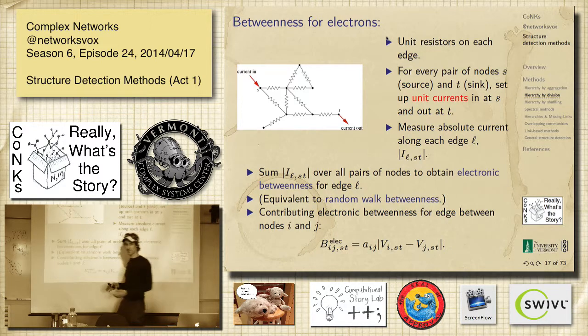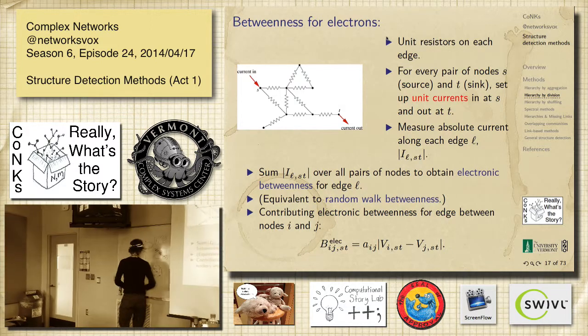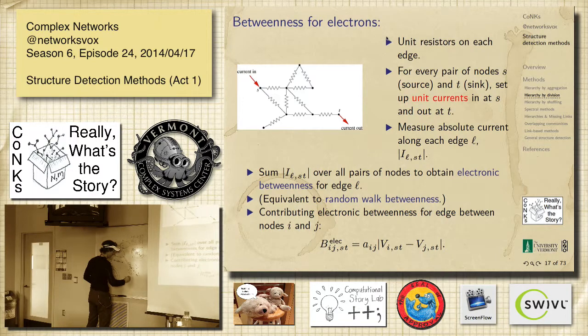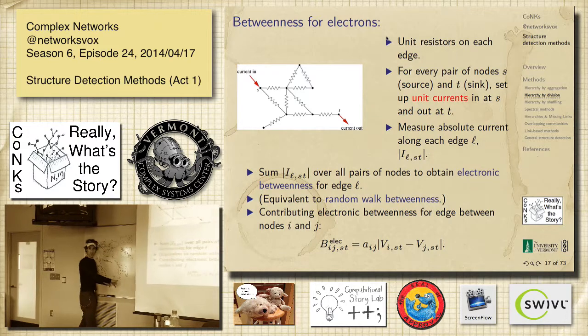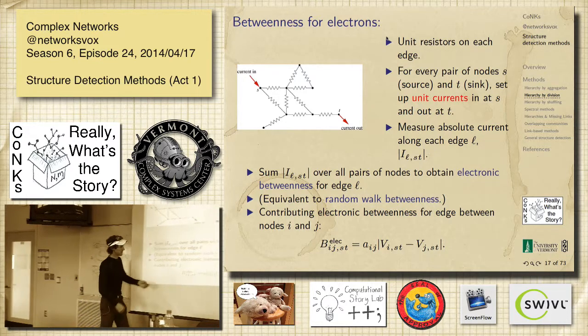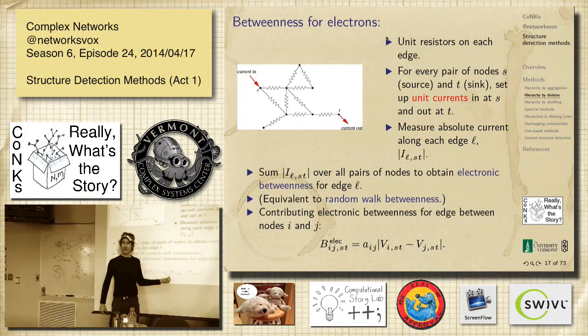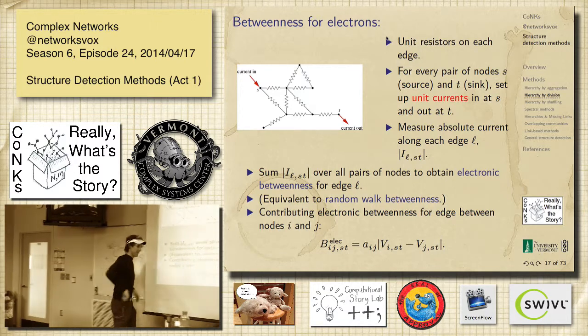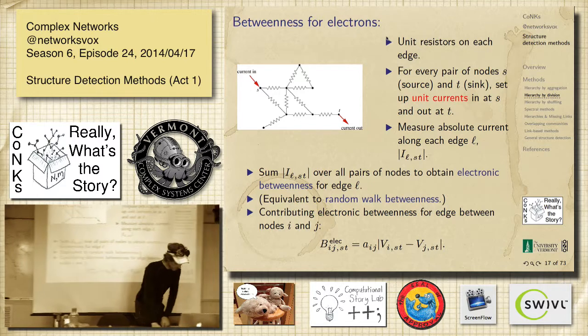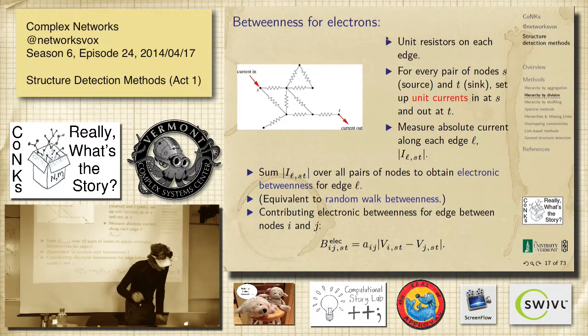Because it's a unit resistor, V equals IR, so V is proportional or just equal to I. And then there's a 1 or a 0 based on whether they're actually connected. I guess I could make it the other way. Feels like it should be going I to J. No biggie. All right, so that's kind of crazy.